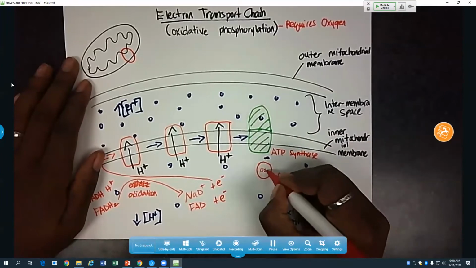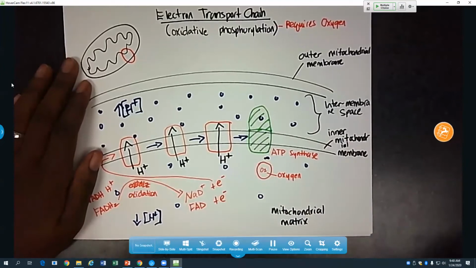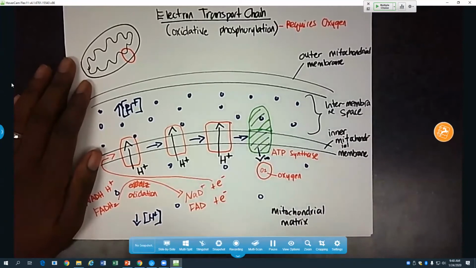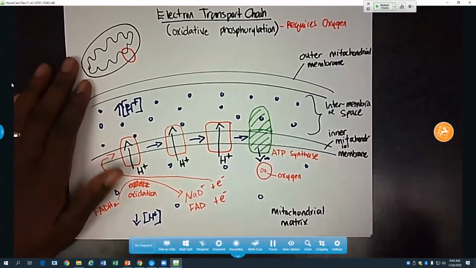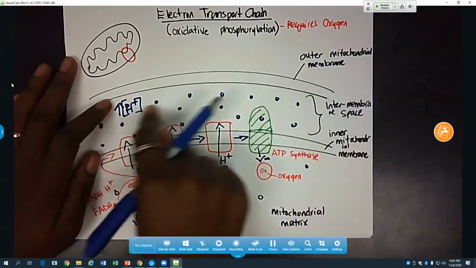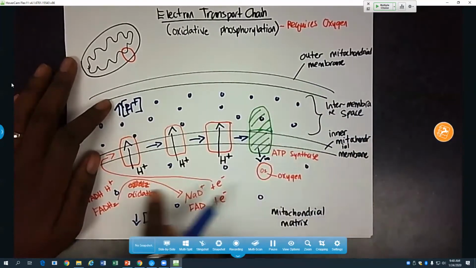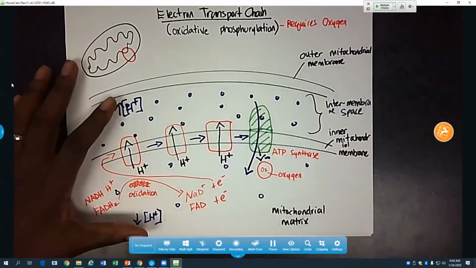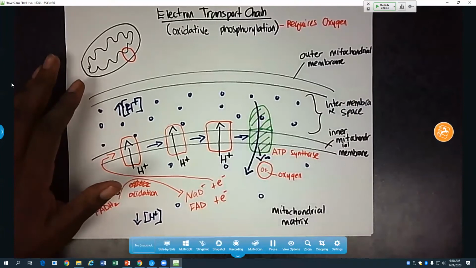Okay, we'll put two in here. And oxygen is basically going to be the final acceptor of those electrons. And that will facilitate the flow of hydrogen ions from this high concentration up here into the matrix. And that is how we synthesize ATP.